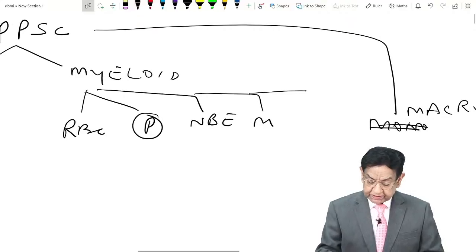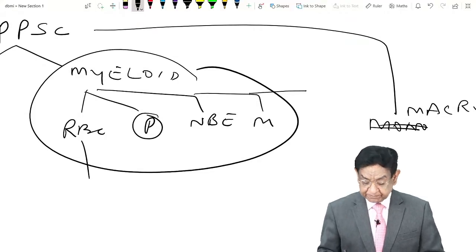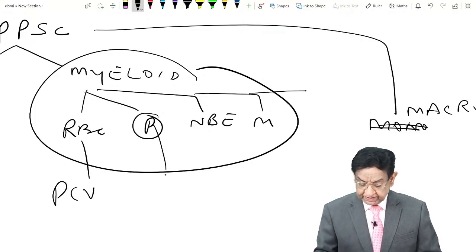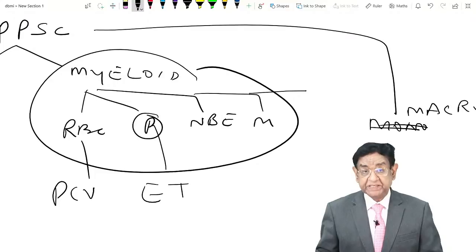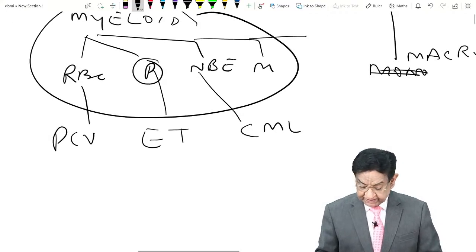So when we talk about the diseases of this series, like RBC, it is polycythemia vera. It's the malignancy of RBC. The malignancy of platelet is essential thrombocythemia, and the malignancy of granulocytes is CML.